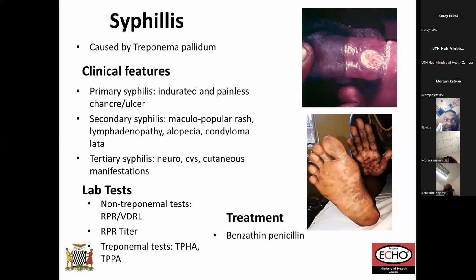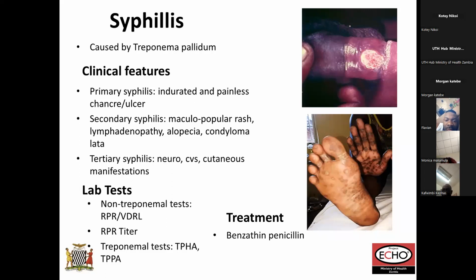These are specific for antigens on the Treponema pallidum. So it's very specific for syphilis, very important to confirm syphilis. But the treponemal test will remain positive for life. So if someone was treated before, they may still have a positive TPHA, and they may still have a detectable RPR. So the titer also. You need to put all these things together.